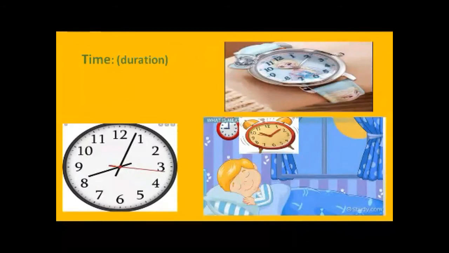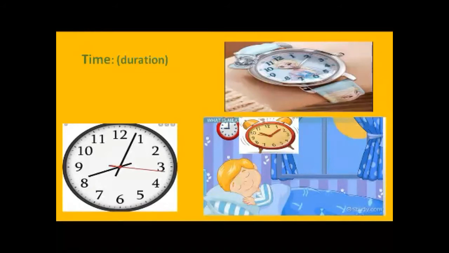We can also measure or check the time with different types of clocks. The first one is the wall clock. You can see the wall clock everywhere. The wall clock has needles to tell the time. The other one is the wristwatch. You can go anywhere with the wristwatch and check your time. And this is called a quartz clock.